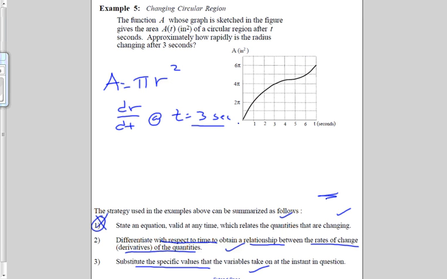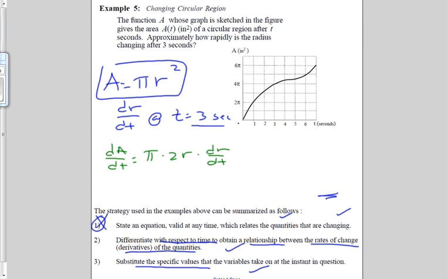Well, if we employ the strategy that we've used so far, we would take this function and we differentiate with respect to time. So when we do that, we get dA dt equals pi times 2r times dr dt.